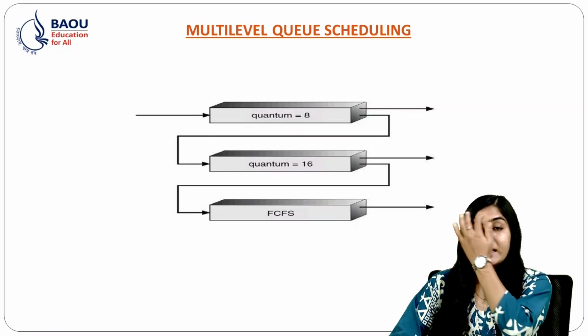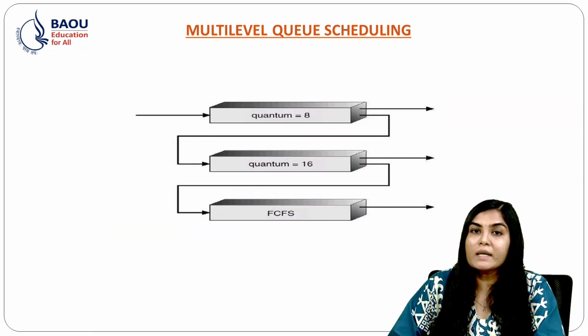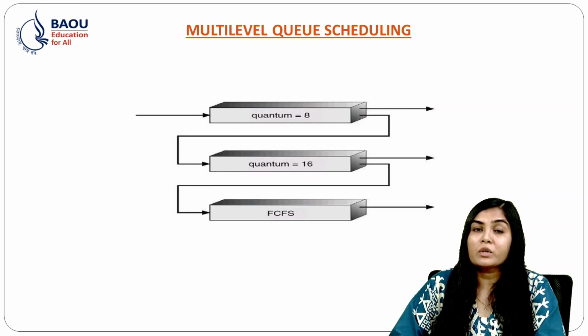Here you can see an MLFQ scheduler algorithm with three queues: Q0 with time quantum 8 milliseconds, Q1 with time quantum 16 milliseconds, and Q2 on FCFS basis, means first come first serve basis, only when queues Q0 and Q1 are empty. So a new job enters Q0, is served by FCFS and receives 8 milliseconds.